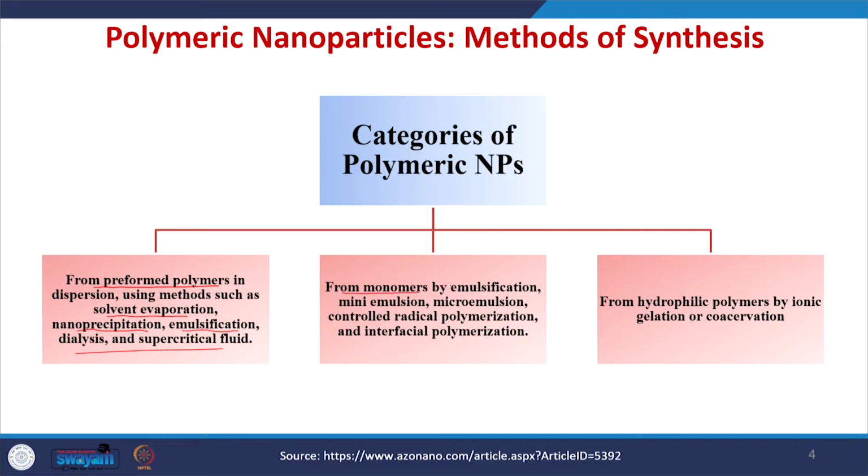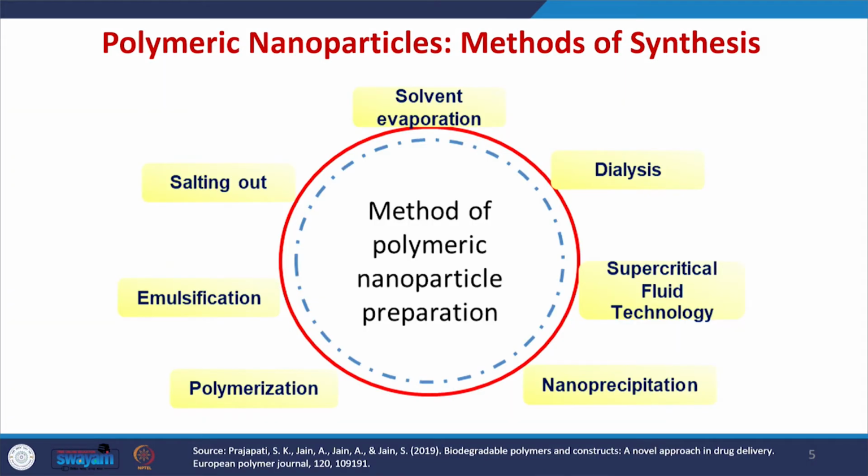From monomers, we can make polymeric nanoparticles by emulsification, mini emulsion and other techniques like radical polymerization and interfacial polymerization. From hydrophilic polymers, we can make the polymeric nanoparticles by ionic gelation or co-adsorption. So, based on the polymers, we have to select the suitable method for synthesis. We can select any of the methods, depending on the polymer and your final application.